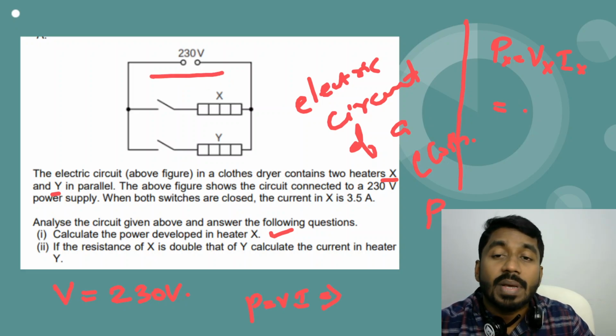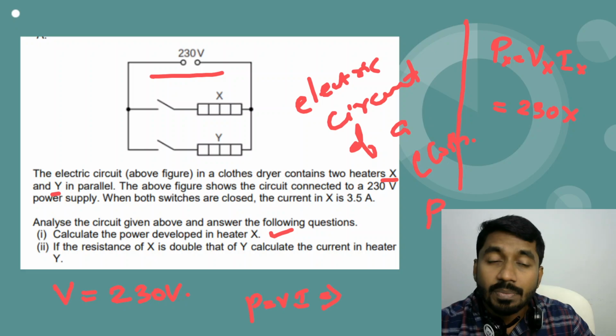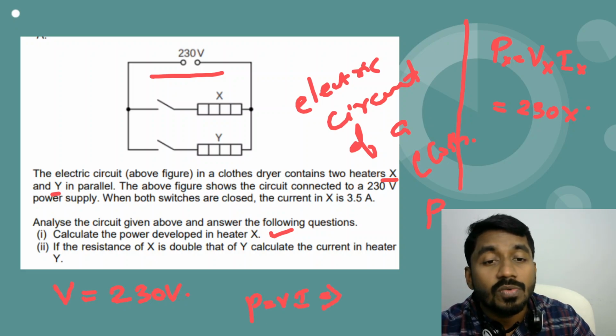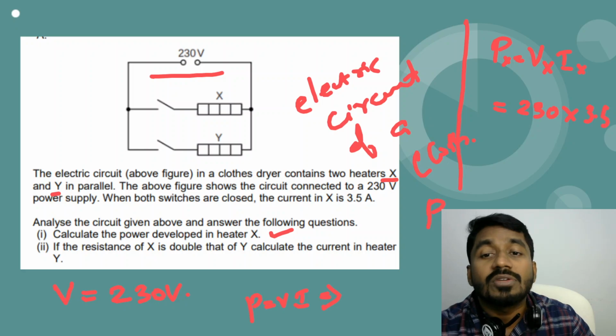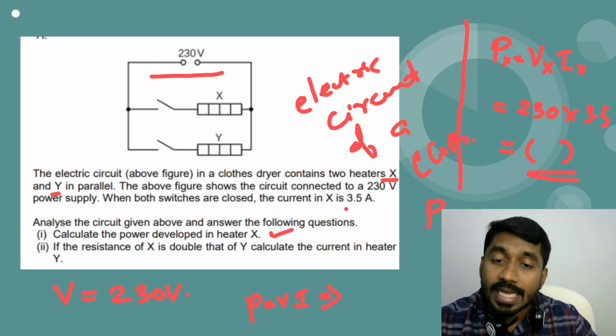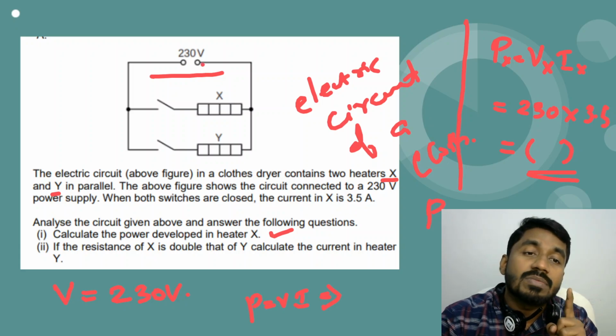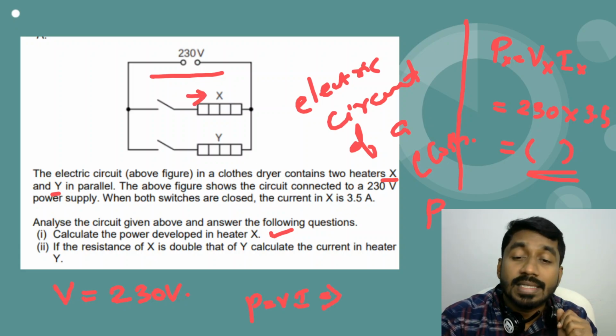Since it is connected in parallel, the voltage across X is 230. The current passing through X is 3.5. So this will be the equation of power. You find the answer as homework. What is the equation of power? V into I. Just multiply 230 by the current.